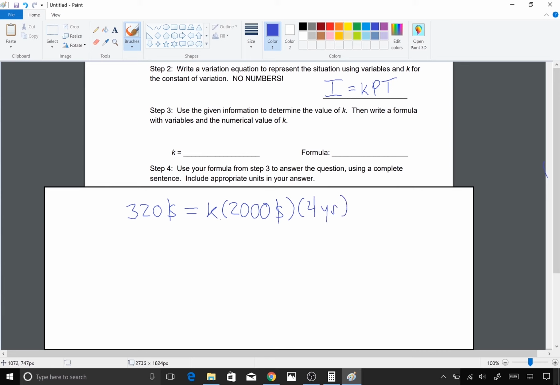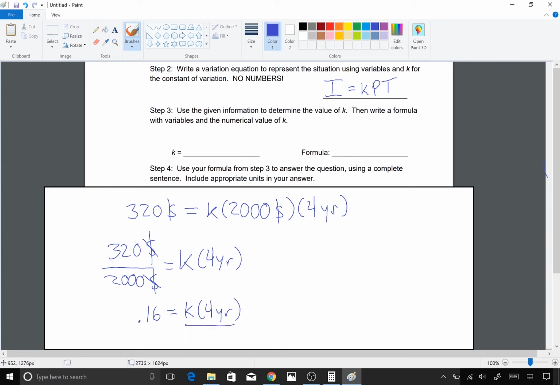Now, if we divide by 2,000, we can get rid of the dollars. So that would give me $320 over $2,000 equals K times 4 years. So the dollar goes away, and that gives me 0.16 equals K times 4 years.